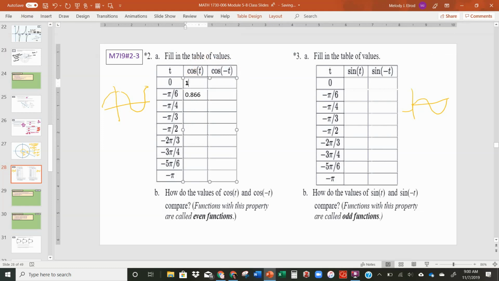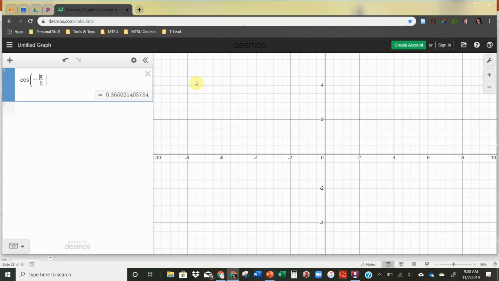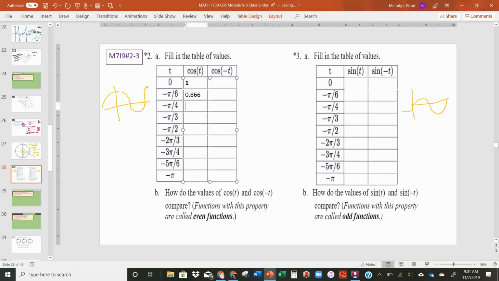We know that. That's not a problem. Okay. Cosine of negative pi over 4. So if I go down here and replace this with 4, I get 0.707.